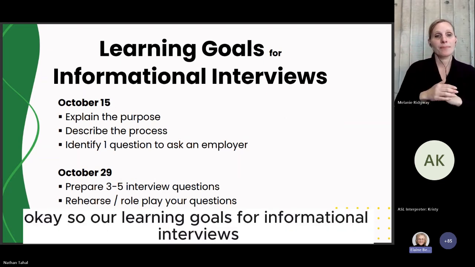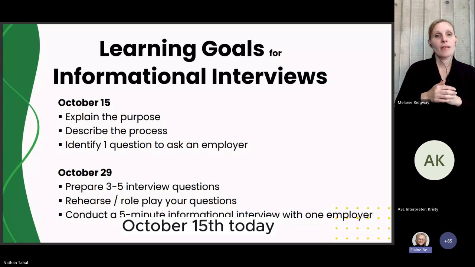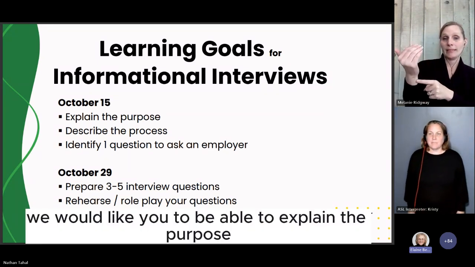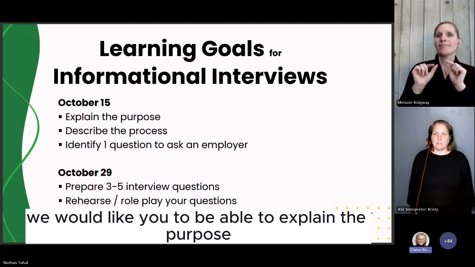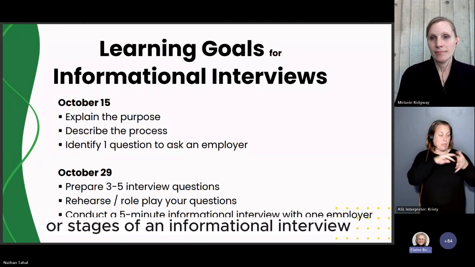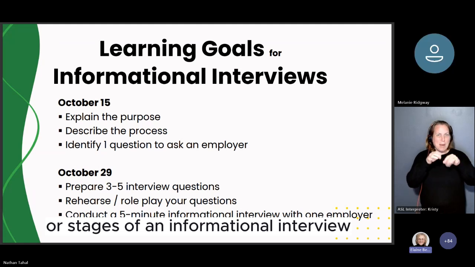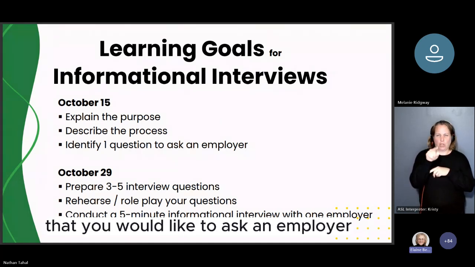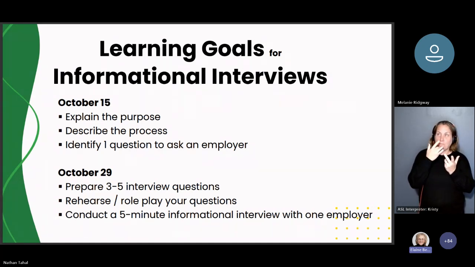Okay, so our learning goals for informational interviews, October 15th, today, we would like you to be able to explain the purpose and describe the process or stages of an informational interview, and to identify at least one question that you would like to ask an employer.